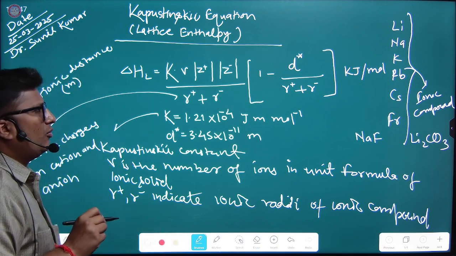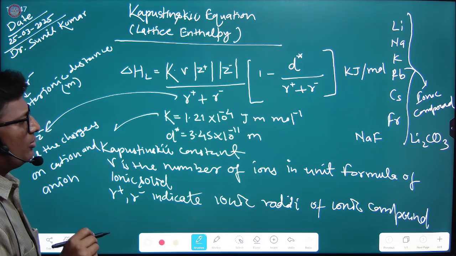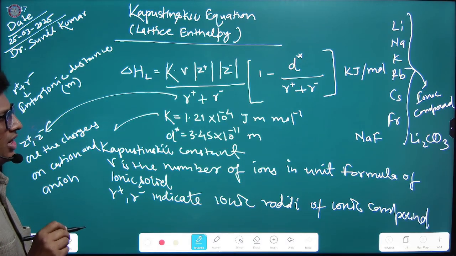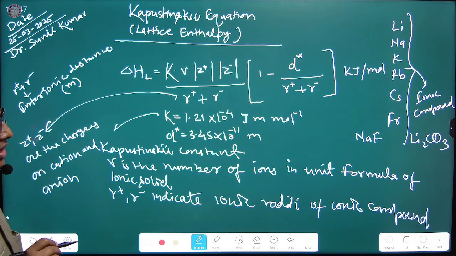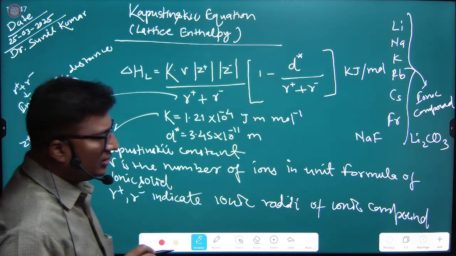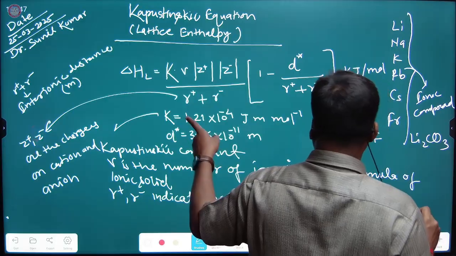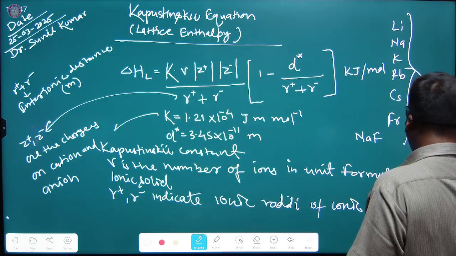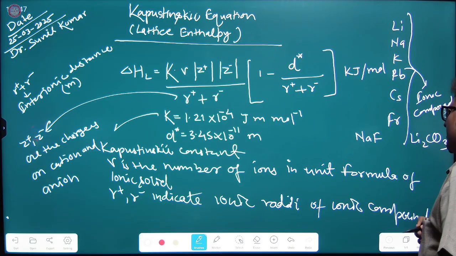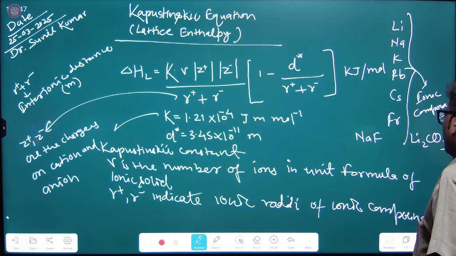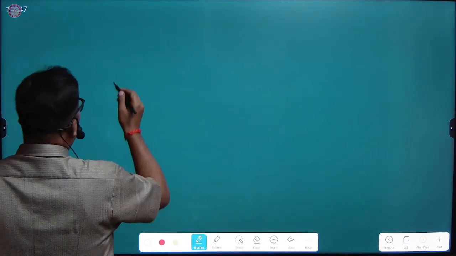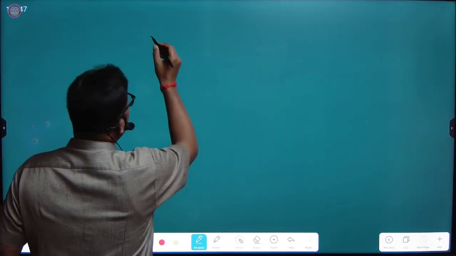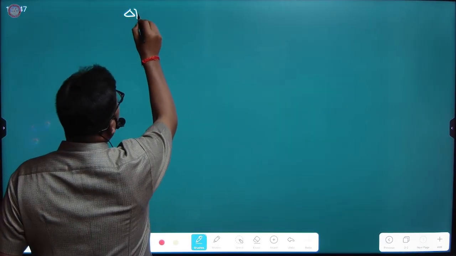So what is the actual structure of the ionic compounds? If we are not able to determine it experimentally, and we have only ionic radii, then we can calculate the lattice enthalpy of the ionic solids, right? So what is lattice enthalpy, delta HL?